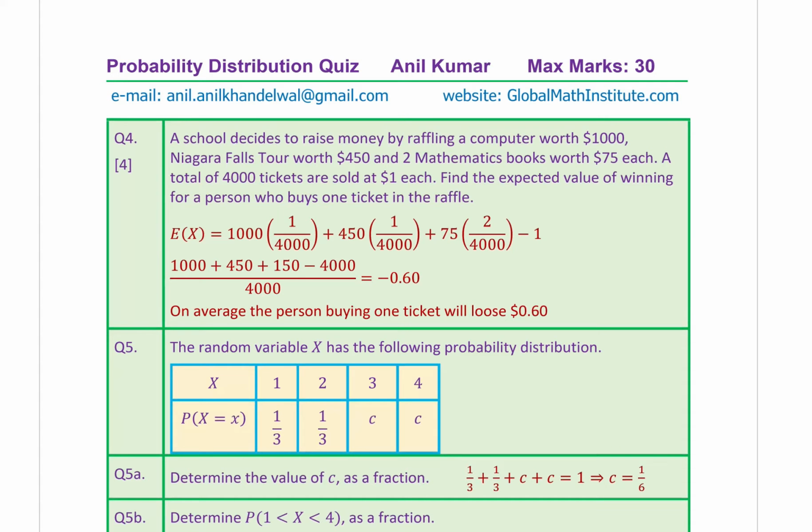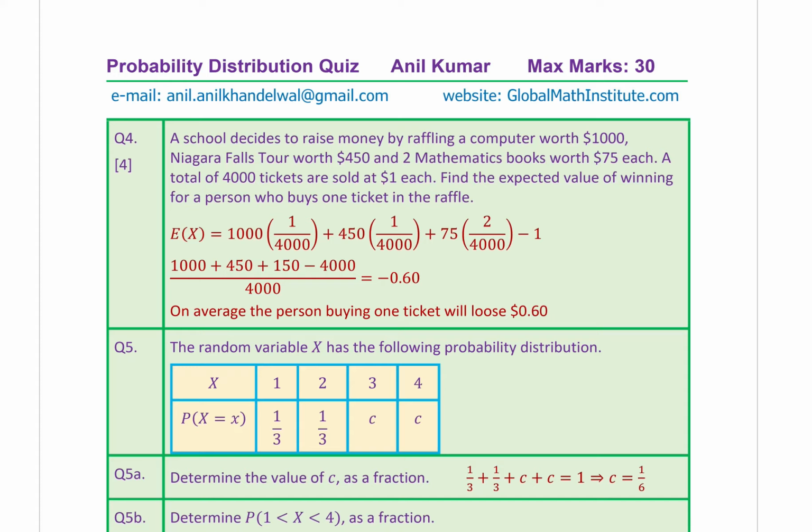Question number 4. A school decides to raise money by raffling a computer worth $1,000, a Niagara Falls tour worth $450, and 2 mathematics books worth $75 each. A total of 4,000 tickets are sold at $1 each.